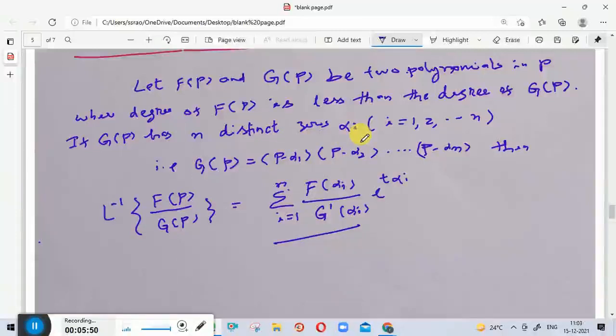So g of p is equal to p minus alpha 1, p minus alpha 2 and so on, p minus alpha n. Then by Heaviside's expansion theorem, L inverse of f of p by g of p is equal to sigma from i is equal to 1 to n f of alpha i divided by g dash of alpha i e power t alpha i.